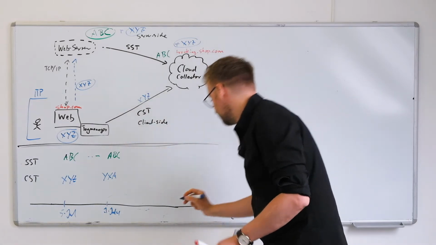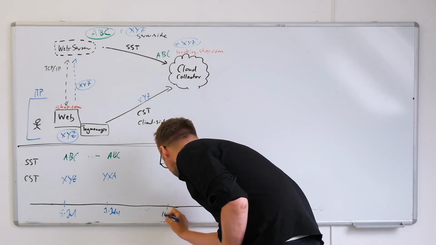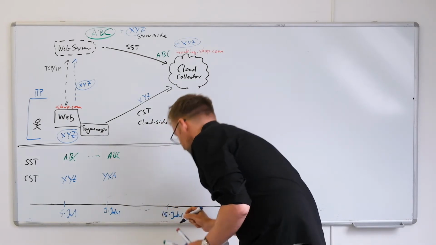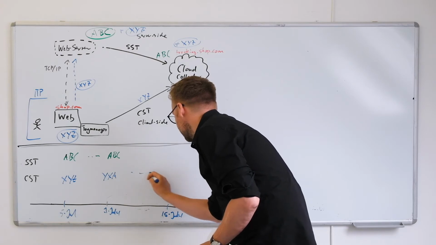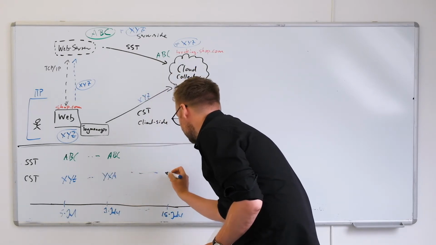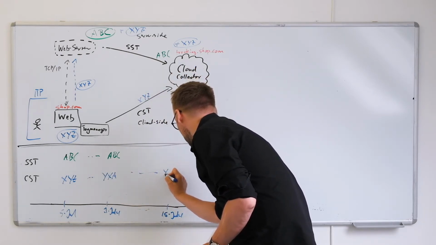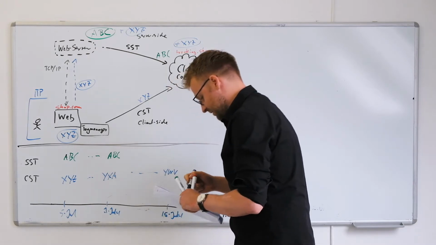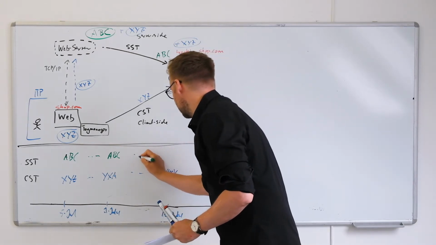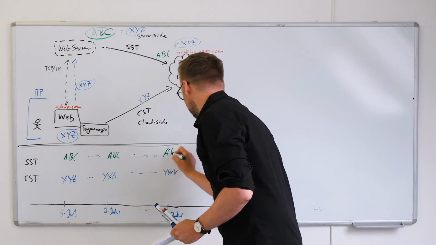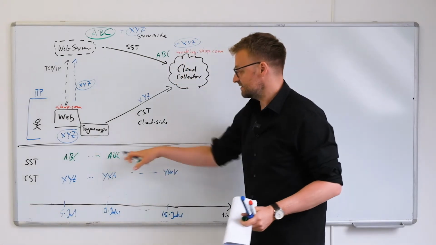And then maybe even, let's say, on the 15th of July, it will refresh the cookie again. So let's say it's YWV, but our server-side user ID stays the same, and that's ABC.